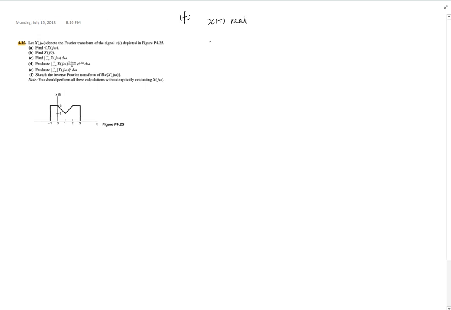And the property of a real signal is that the even part, doing a Fourier transform, you get the real part of X(jω), and the odd part, you do the same thing, you get j times the imaginary part of X(jω).